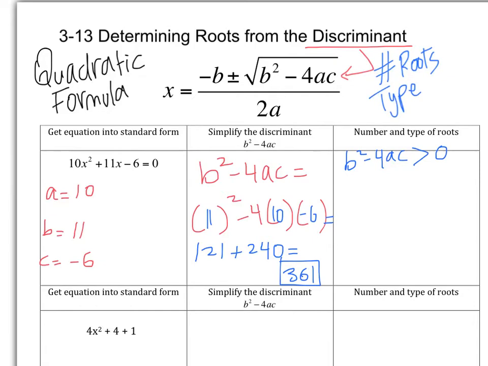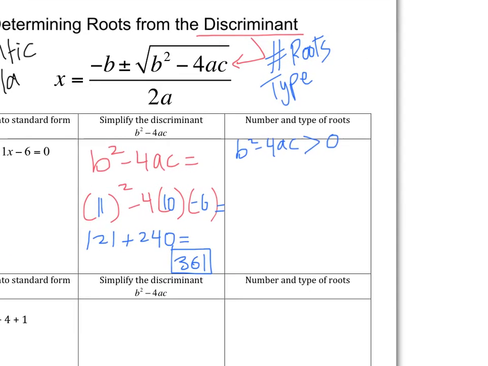So once you find the discriminant, you have to decide whether it's positive, whether it's negative, whether it's 0. So 3 different choices: positive, negative, 0. In this case, the discriminant is greater than 0. So that means if I try to graph my equation 10x squared plus 11x minus 6, I'm going to see something like this.